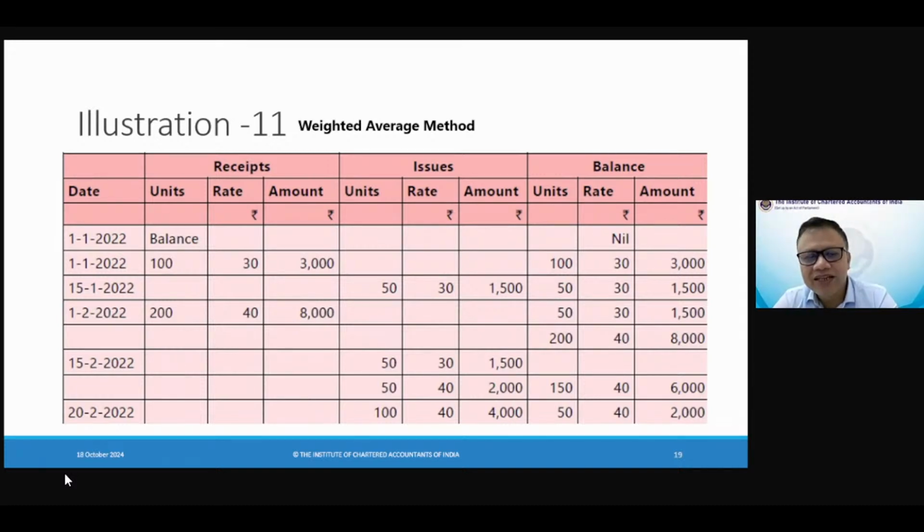So now you will take these two prices to calculate your weighted average, correct? Yes, sir. The prices are 30 rupees and 40 rupees, because no new sales have come now.